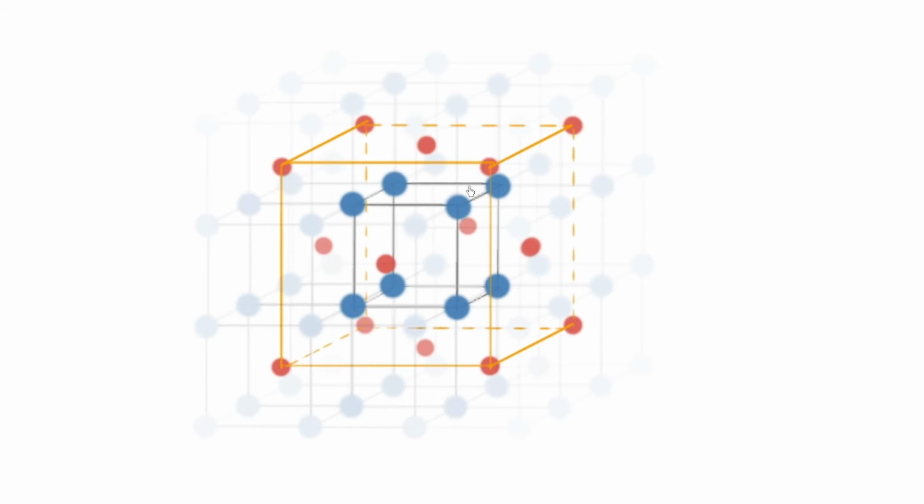And in fact, the anions are tetrahedrally coordinated to the cations, if you wanted to consider their position within the cations.